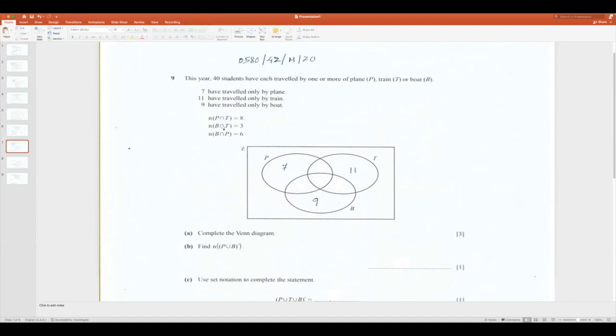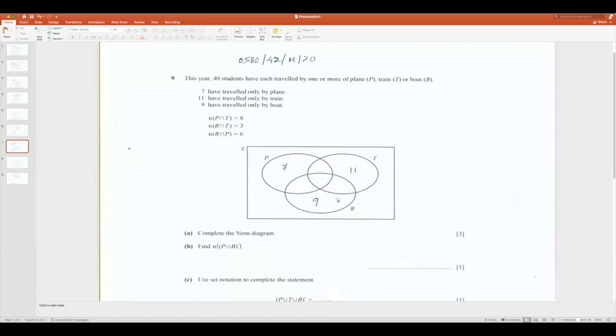P intersection T is 8, B intersection T is 3, B intersection P is 6, and this one 6. So we have to select randomly, put values and see.